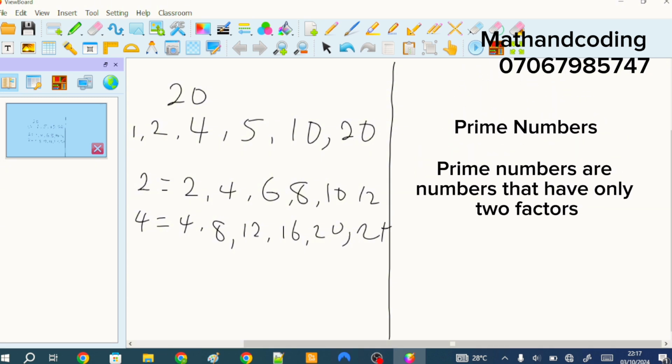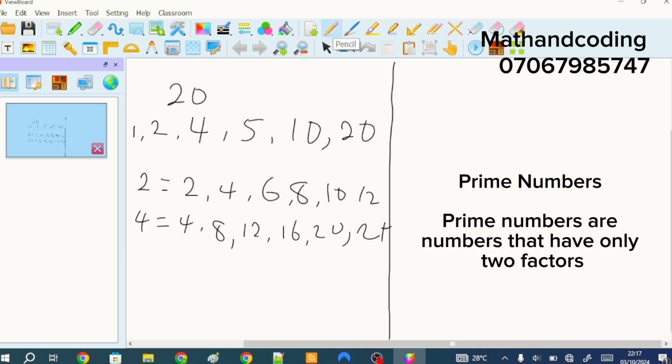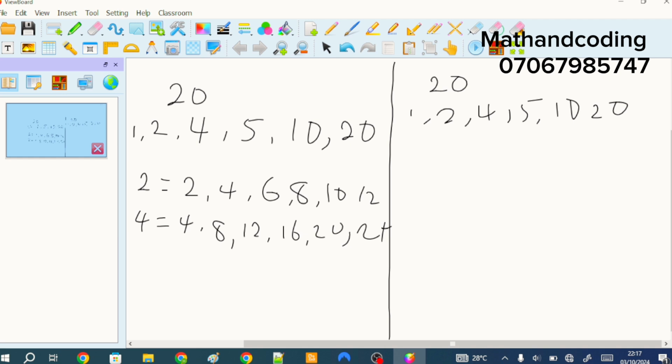In the example we took, the factors of 20 are 1, 2, 4, 5, 10, and 20. You can see that 20 has 6 factors.